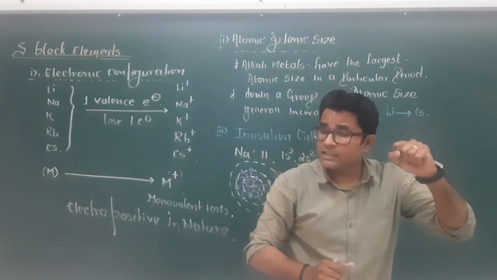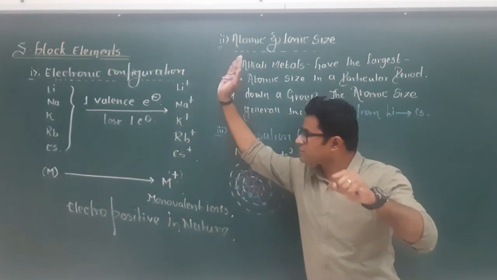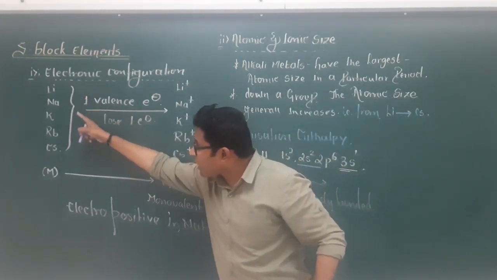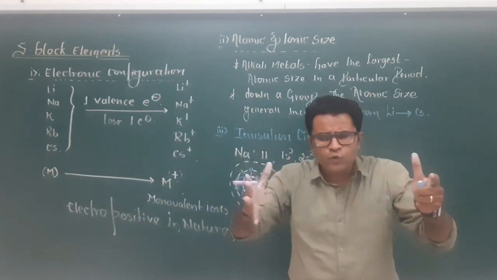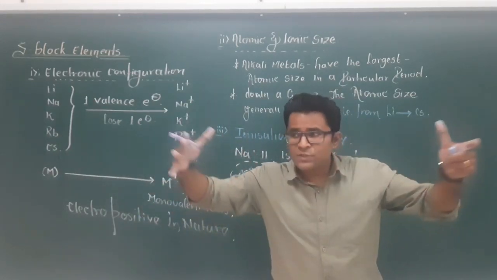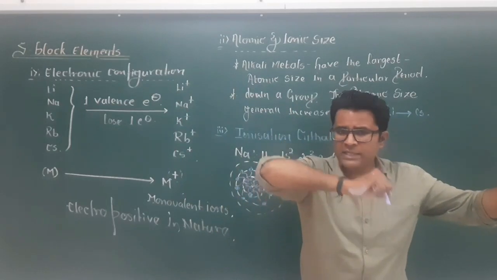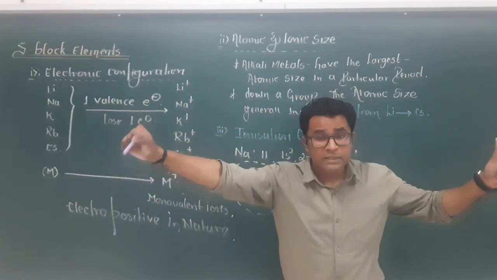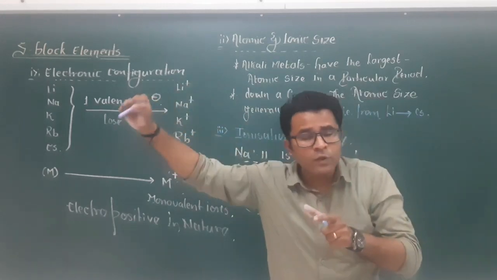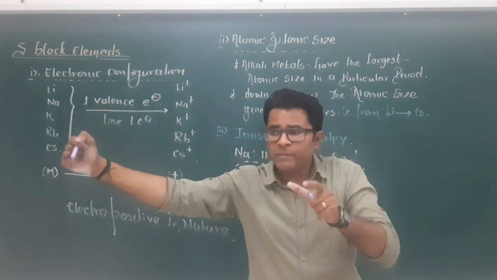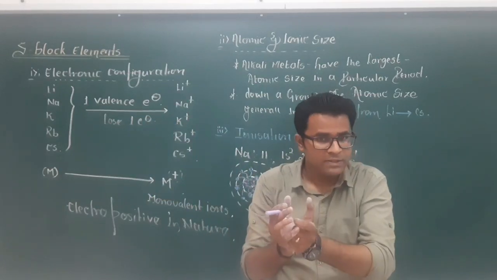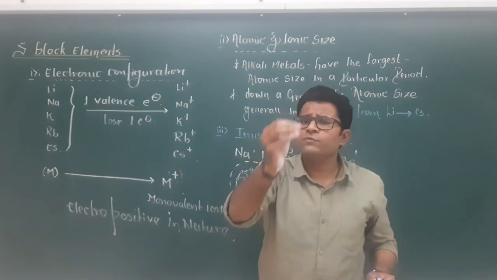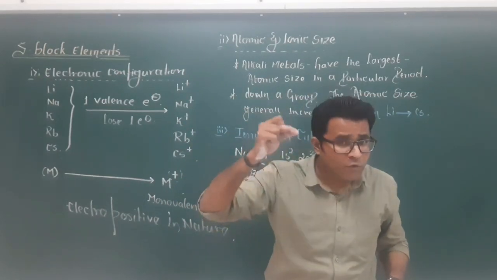Now, as we come down a particular group, the size of the atom goes on increasing. As the size increases, the distance from the nucleus to the outermost electron increases. Therefore, that last electron will be loosely attracted to the nucleus, so as we come down a group, a small amount of energy would be required to remove that electron.